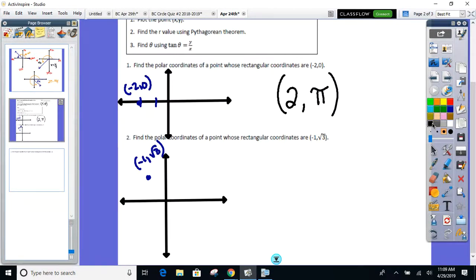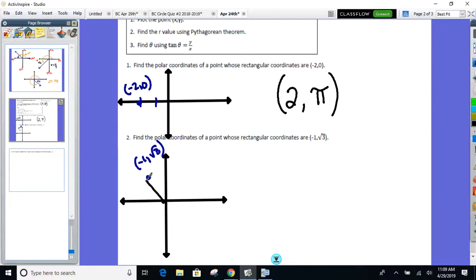All right, first off, R value. R value is the distance. Ready? It's the distance from the pole to that point. So I need to know that distance right there. How are we going to get it? You're going to make a right triangle for it. So go ahead, just draw a vertical line down. You should be able to fill in 2 values now. What's this x distance right here? Negative 1 or 1, whatever you want to put there.